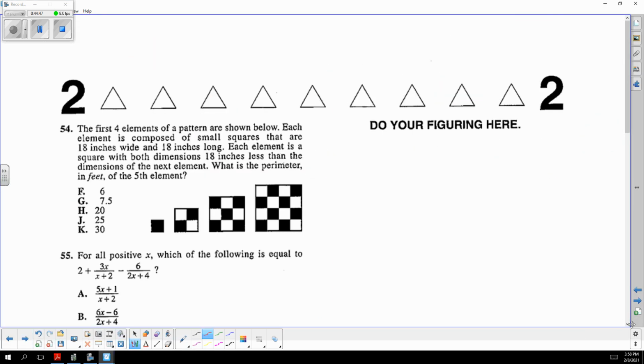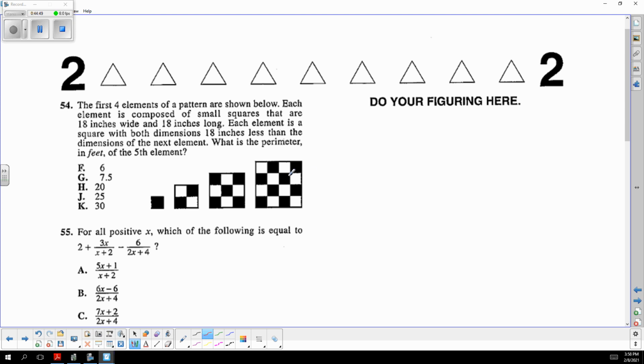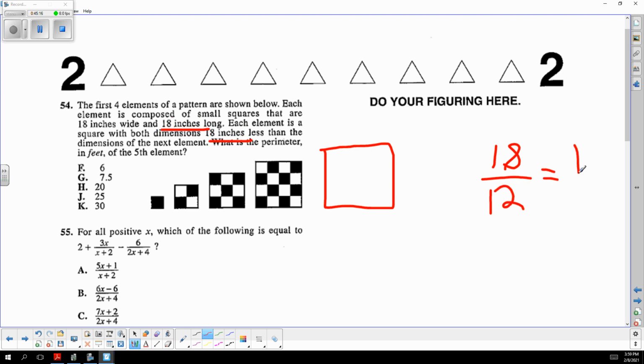This one wasn't so bad. I got confused by the marks. It's the fifth element, which is a 5 by 5 square, huh? Because it's 1, 1, 2, 2, 3, 3, 4, 4, 5, 5. And each one is 18 inches long. So what is that? 18 inches is a foot and a half if you divide by 12.